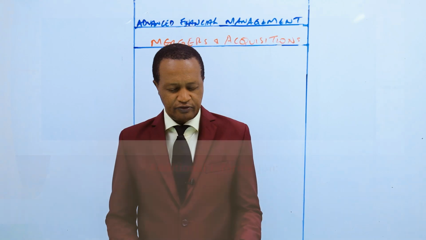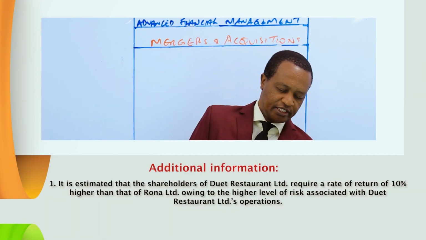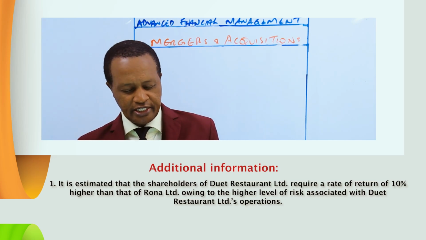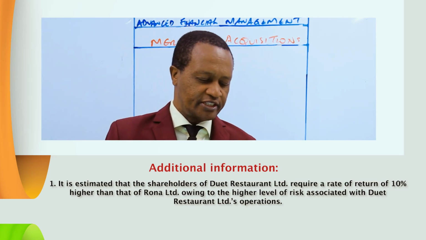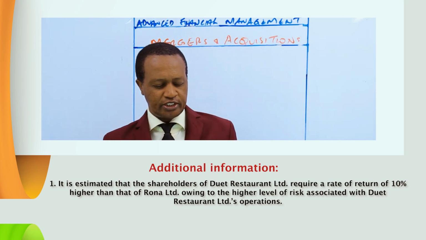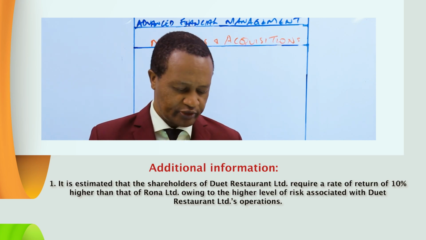Then we have more additional information. Number 1, it is estimated that the shareholders of Duet Restaurant Limited require a rate of return of 10% higher than that of Rona Limited, owing to the higher level of risk associated with Duet Restaurant Limited's operations.